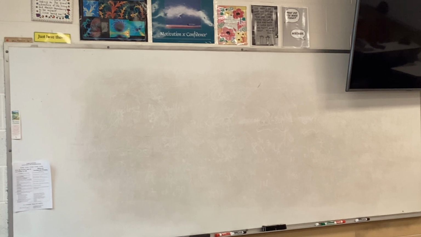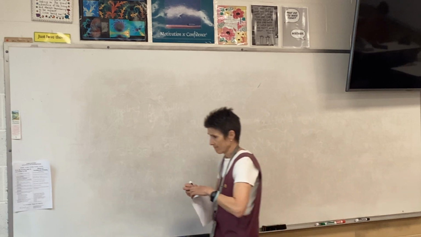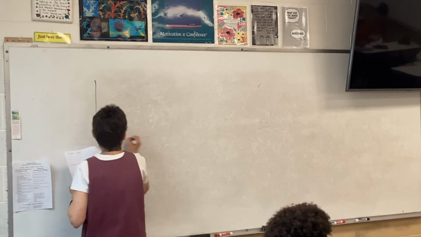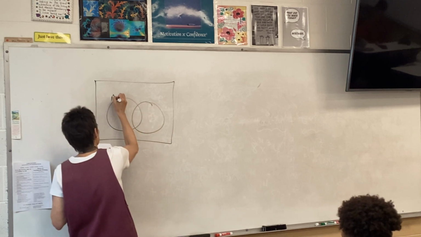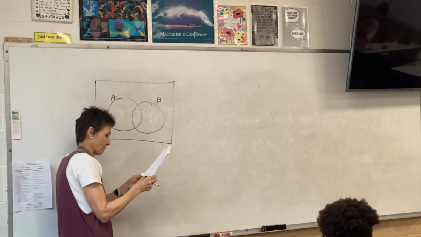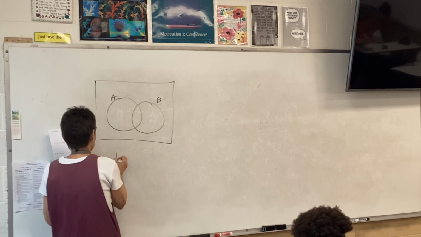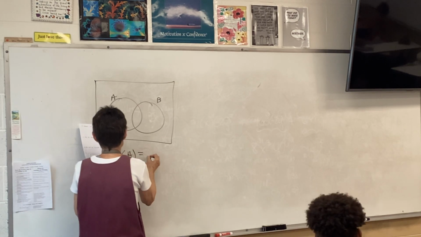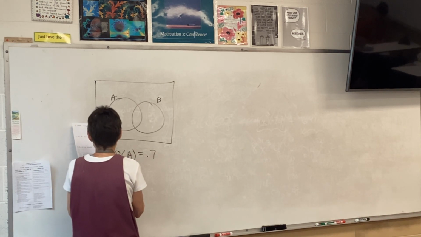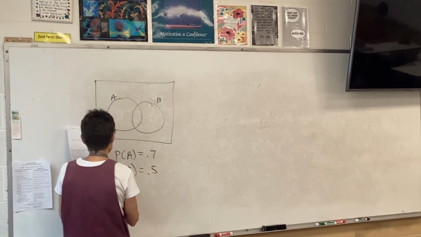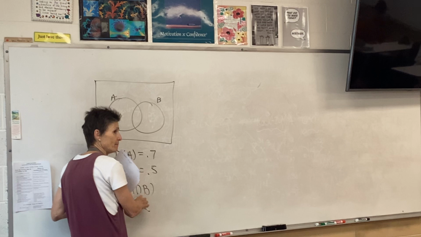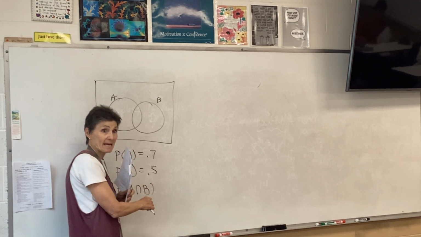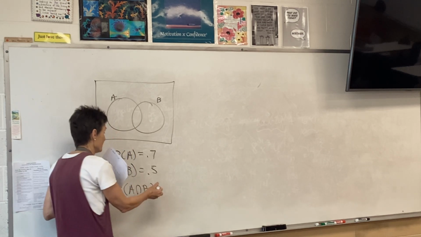So this is one of our I like apples and bananas problems. And we know that the probability of liking apples is 0.7, bananas is 0.5. And what did we say yesterday about this? What does this mean? Both apples and bananas. That means both.